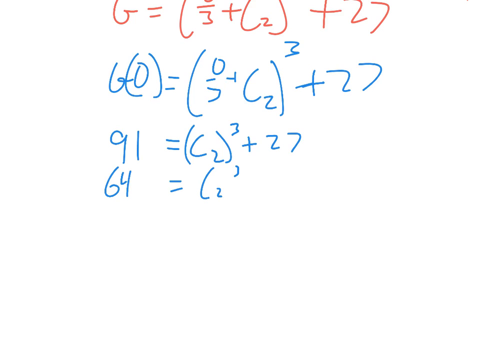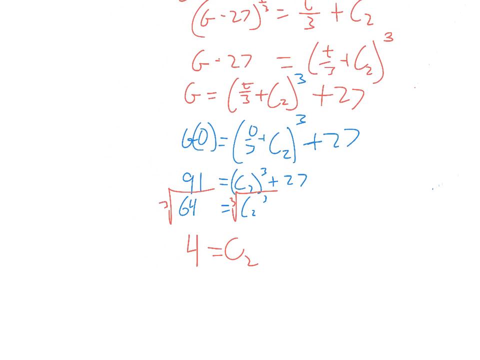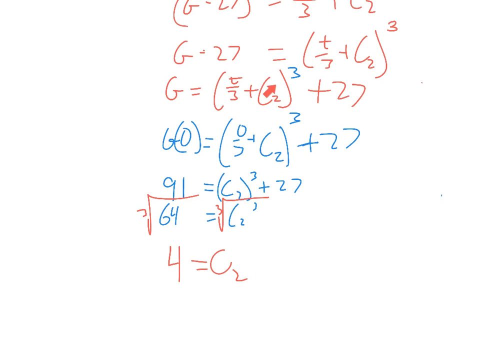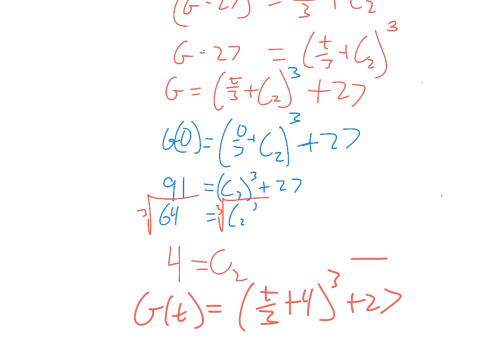And so now we're going to cube root this thing, and that's going to give us 4. 4 equals C2. All right, so we can get our equation if we plug that back up in here. Okay, our ultimate goal is to get an equation, so we got G of t equals t over 3 plus 4 cubed plus 27.